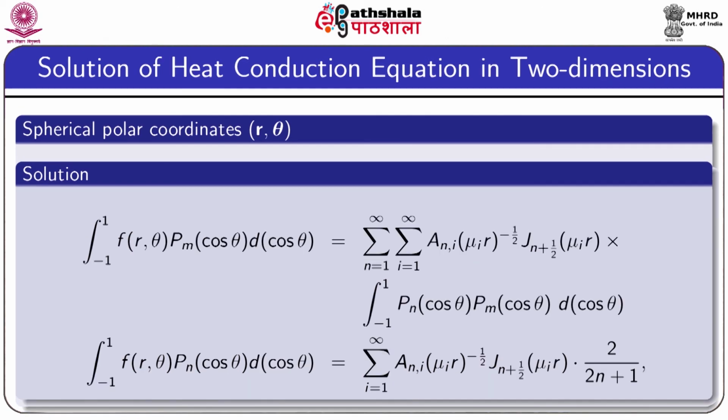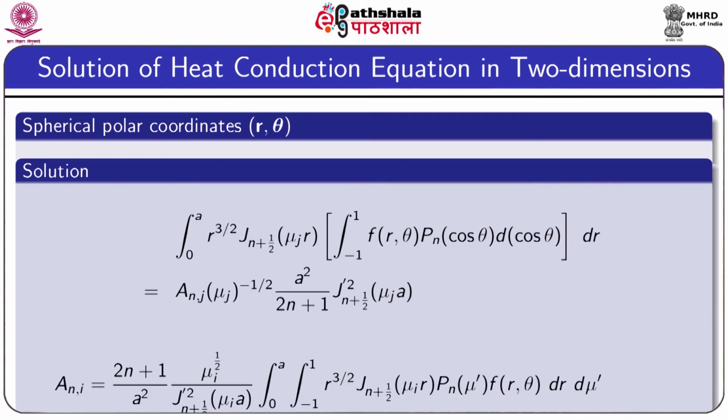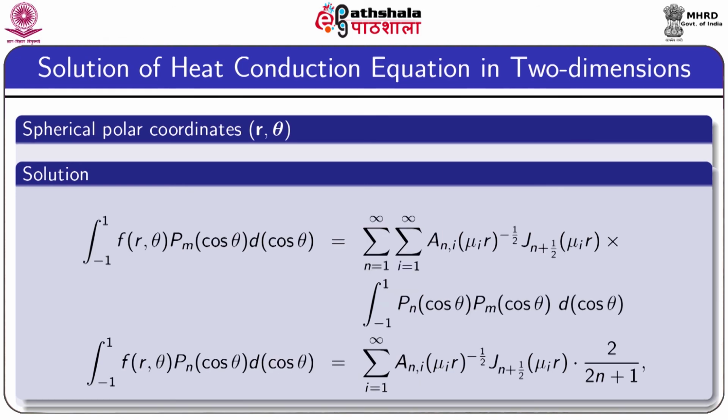So to obtain a_ni, we first integrate it over minus 1 to plus 1, and then we integrate it over 0 to a dr. So first we multiply the last equation with P_m(cos θ) and then integrate over minus 1 to plus 1, and the result is written here.